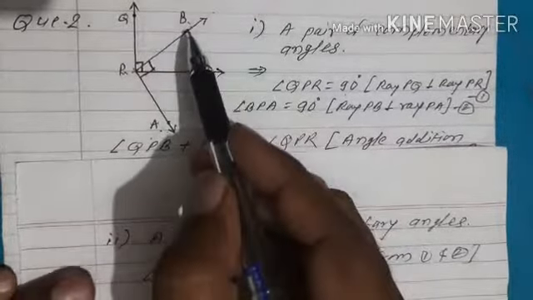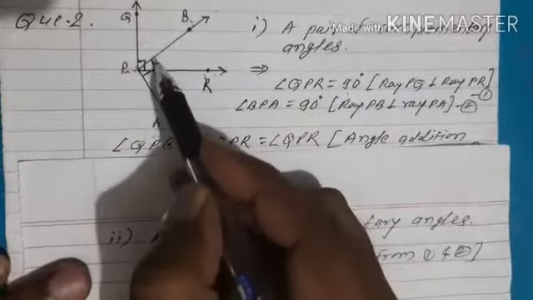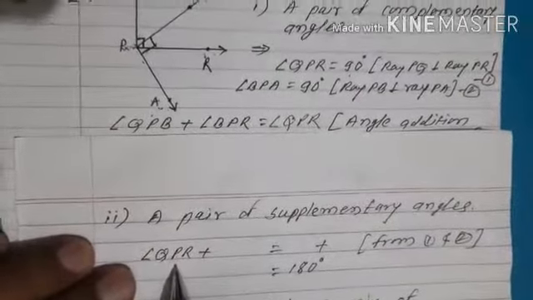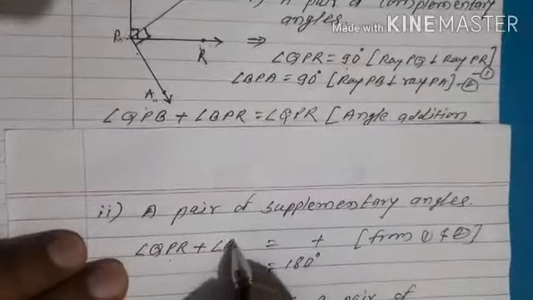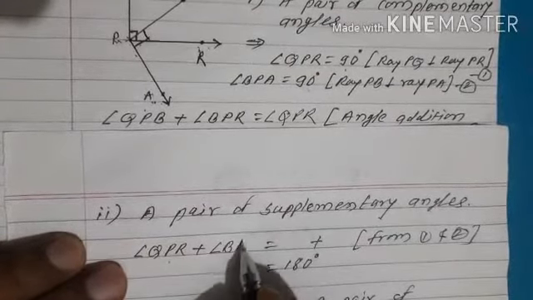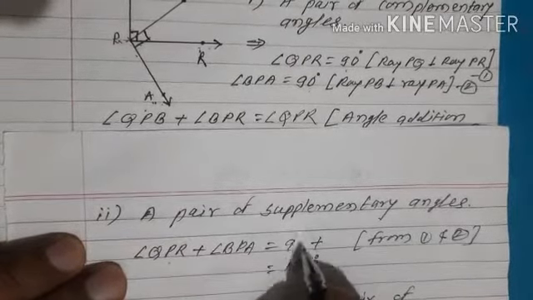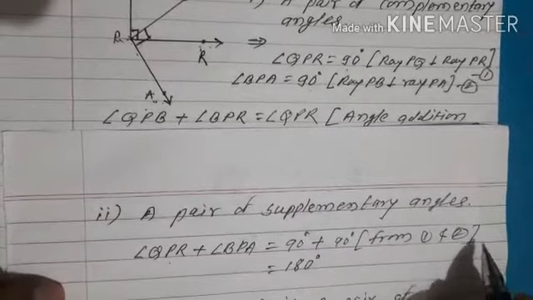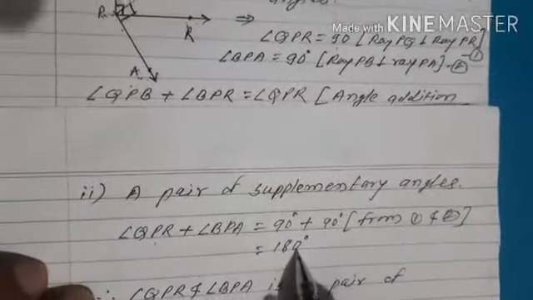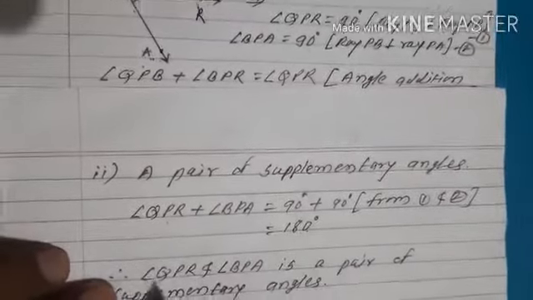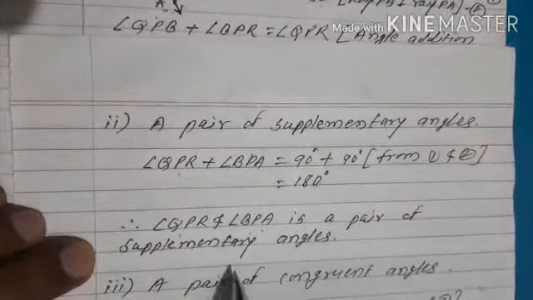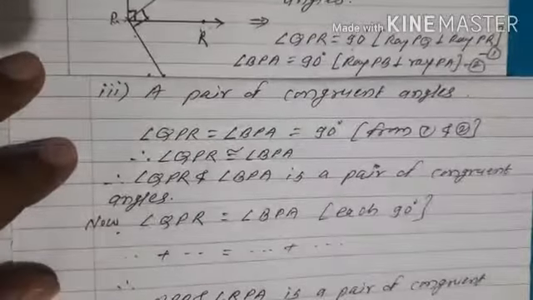Again, angle BPA is also 90 degrees. Hence, I write here angle QPR plus angle BPA is equal to 90 degrees plus 90 degrees, from 1 and 2, is equal to 180 degrees. Therefore, angle QPR and angle BPA are a pair of supplementary angles.